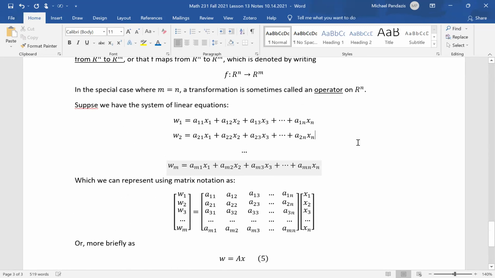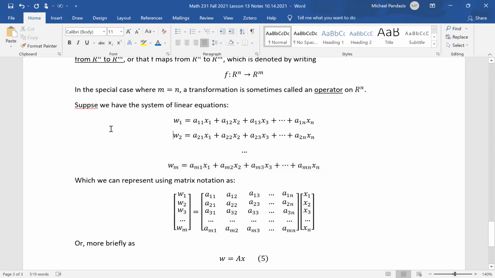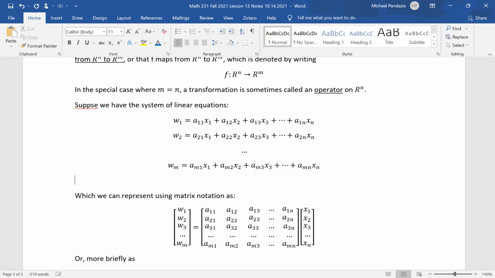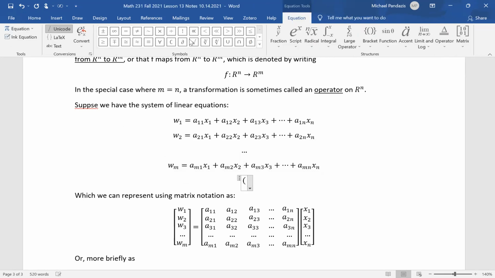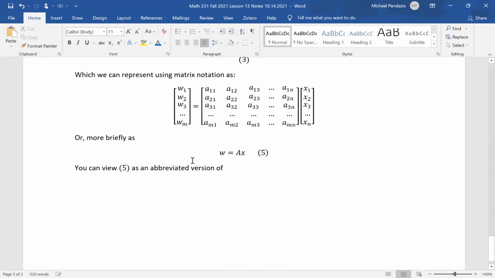You can call this entire system, that system, denoted by 3. So we can view 5 as an abbreviated version of 3.